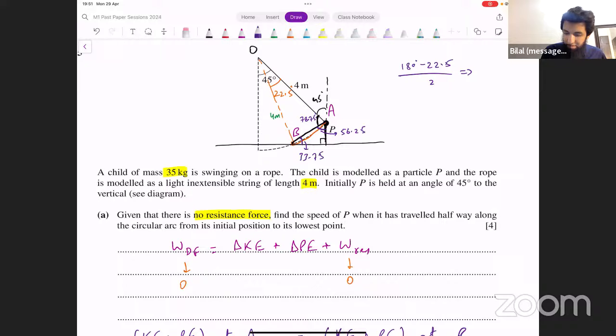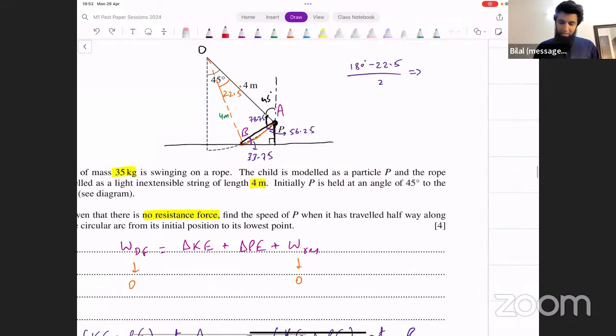Now, can I find the change in height using this? If this angle is 33.75, what about this length, the length of AB? Let's actually find this length AB. We've got the angles and we can use the sine rule for this.